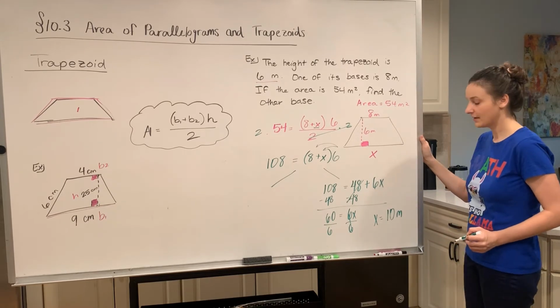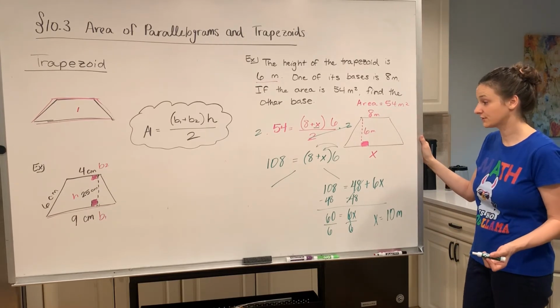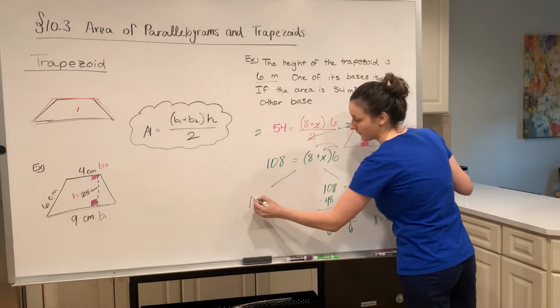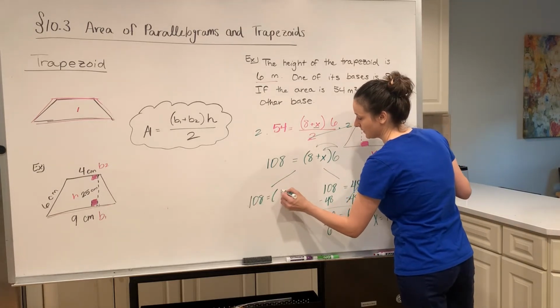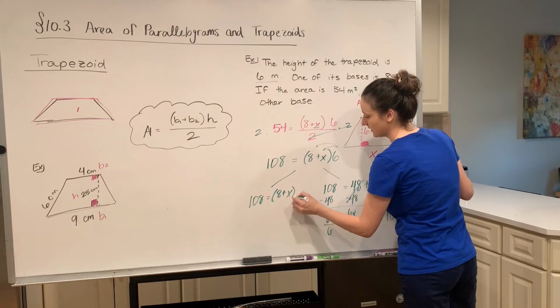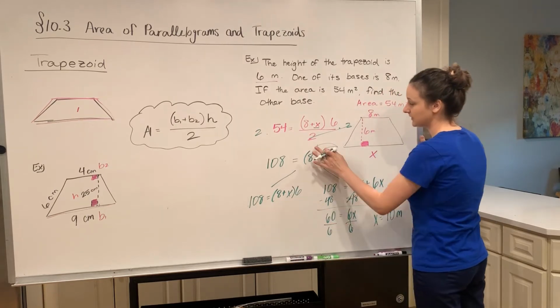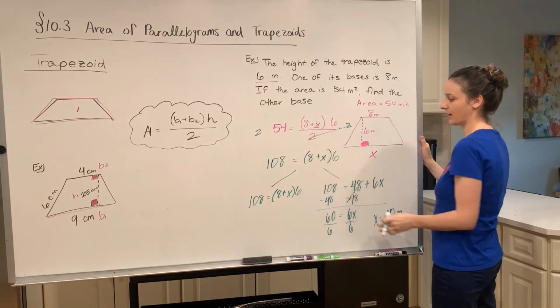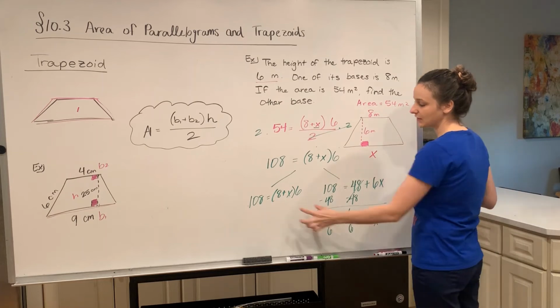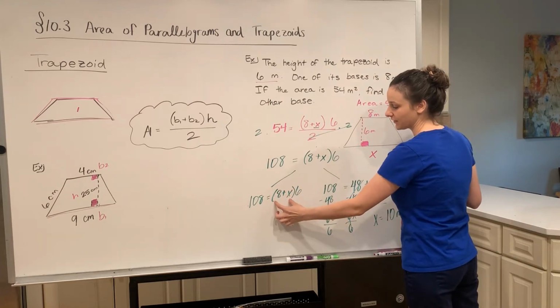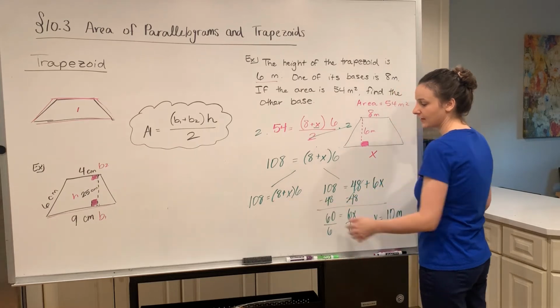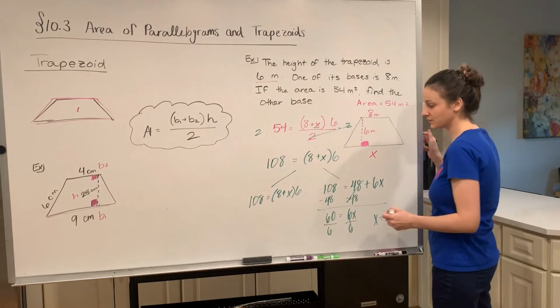There's another method that you can use to solve this. If you have 108 is equal to 8 plus x multiplied by 6, then we're not going to use the distributive property. We're going to consider 8 plus x to be one term. So when you multiply one term by another, the opposite of multiplication is division.